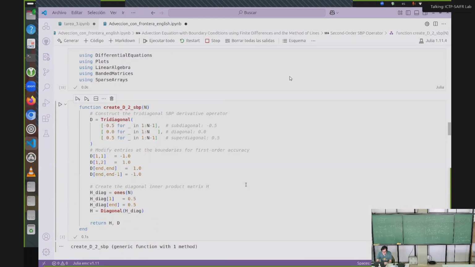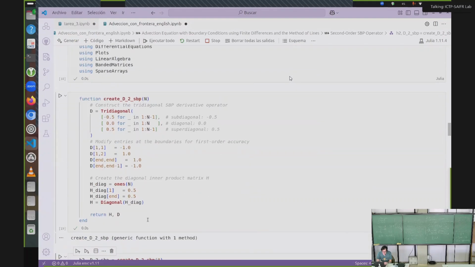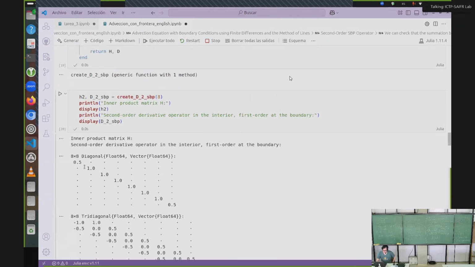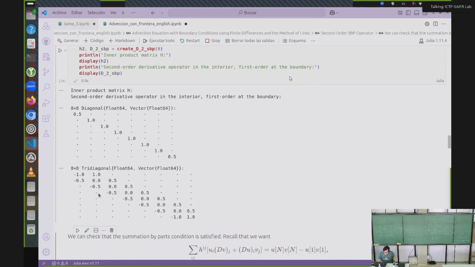So this is why here we are defining some second order operator and some inner product matrix, right? So this will be the inner product, the way of calculating the integral. This is basically the trapezoid rule to calculate the integral of u in the region. So it's very important to have this 1/2 at the extremes, and this will be our matrix for calculating finite differences.